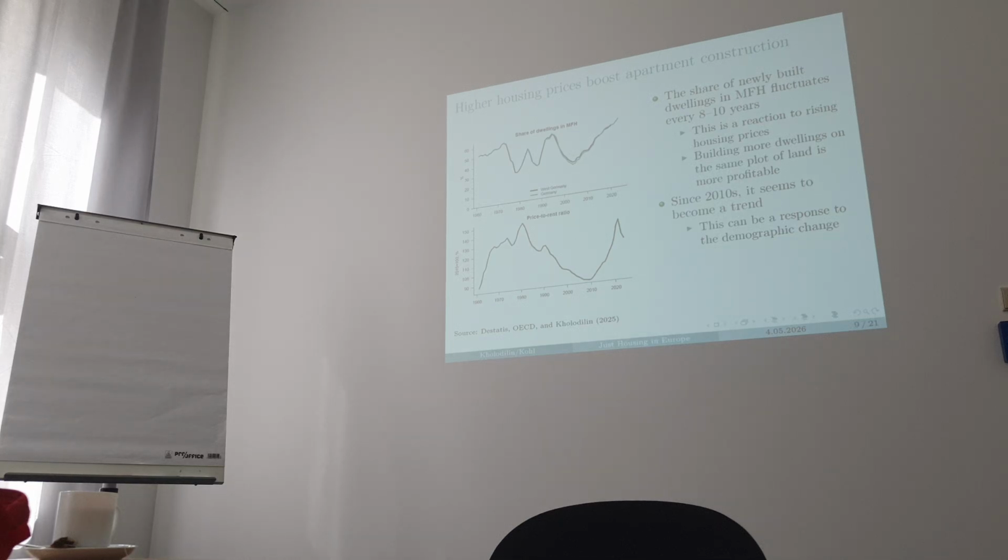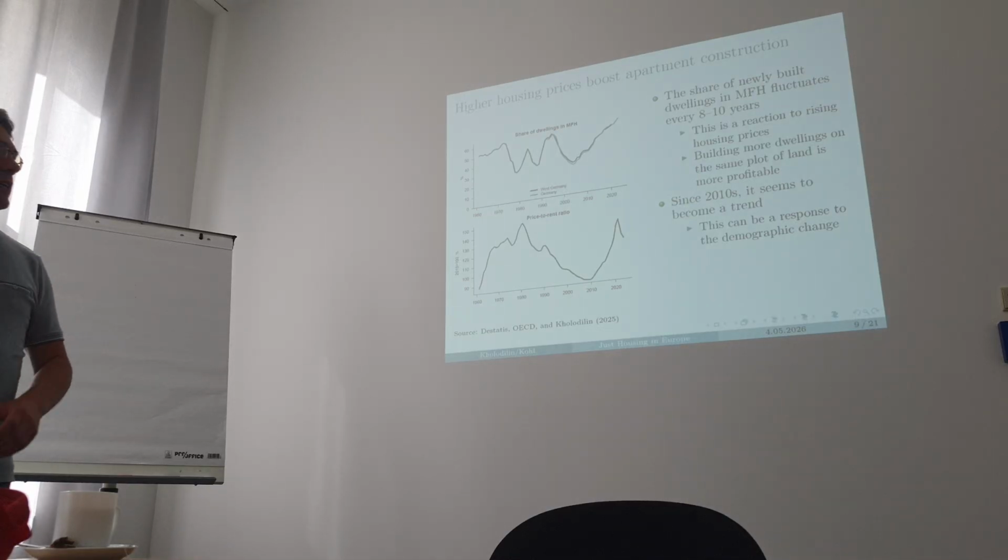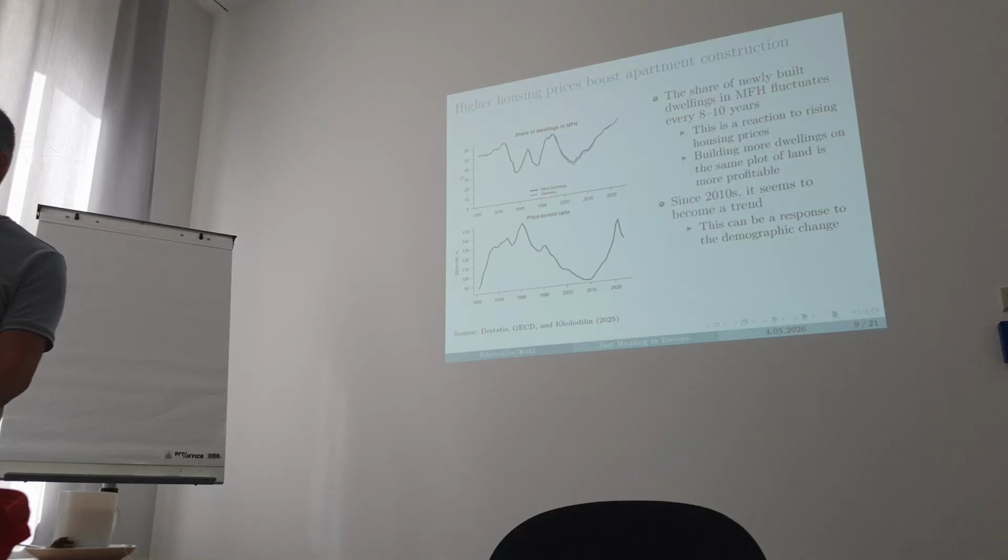Another factor is the price factor. I already mentioned that the average size of newly built housing used to be upward trended. Then, from a certain point in the past, it started to be downtrended.